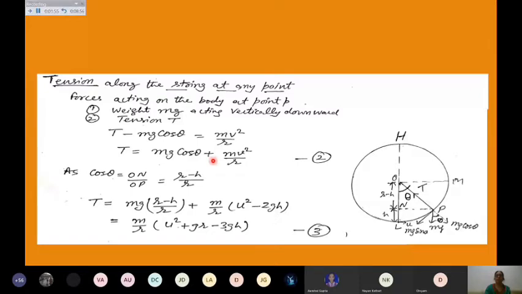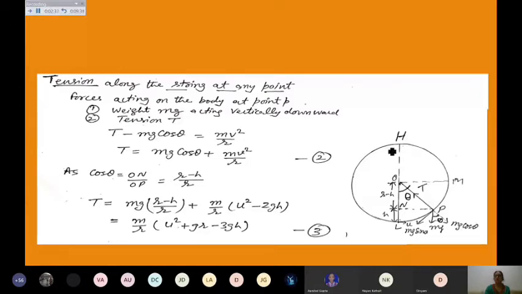Now you see, if this angle is theta, then you can find the value of cos theta. Cos theta is, of course, your base divided by hypotenuse. So base is, if this whole distance is r and h distance I am taking this, so this distance will be equals to r minus h. If you wish, you can label that r distance also. That radius is your r.